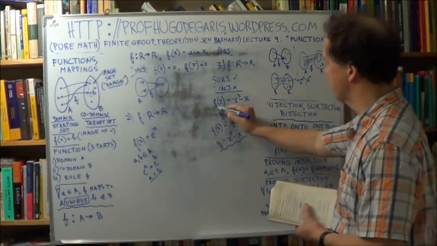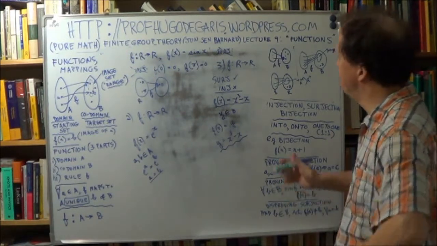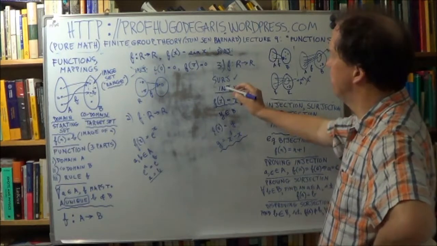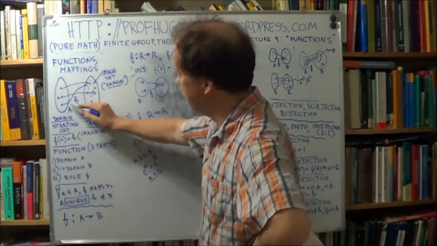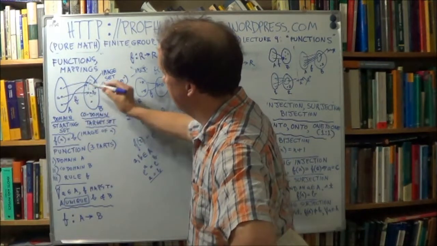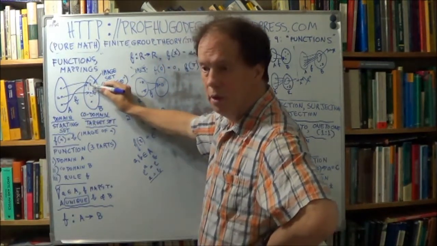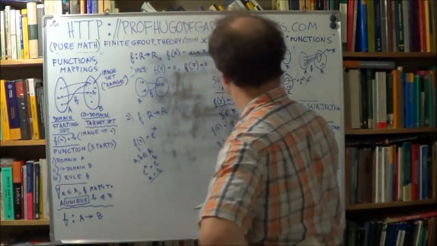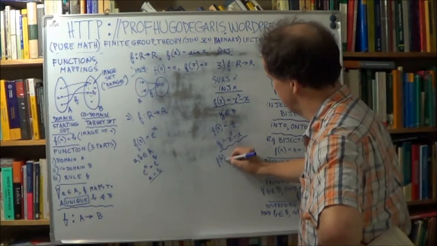Now, why is this function not injective? To disprove that something's injective, let's try to find an element that gets mapped many to one. Right? So try this. What is f of naught?